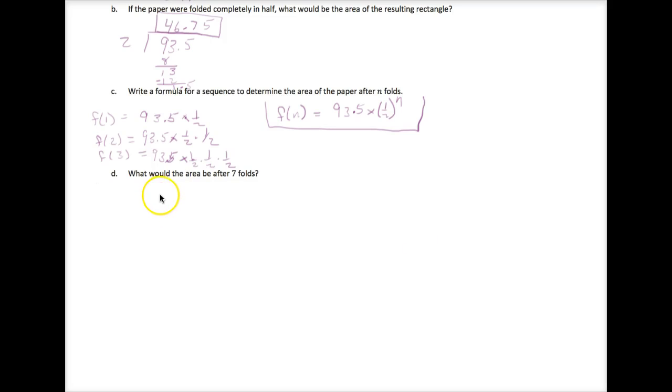Okay, so nothing in life is easy, and we want to know what would be the area after 7 folds. It's going to get pretty small if we fold it up 7 times. So we got f of n equals 93.5 times 1/2 to the 7th power.